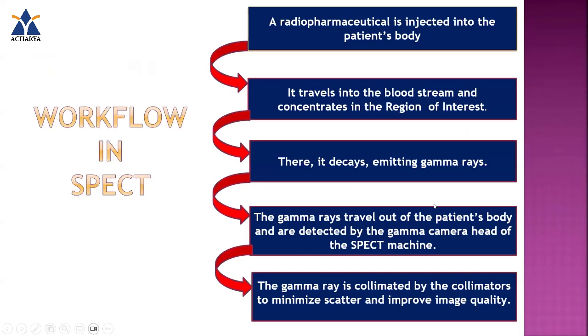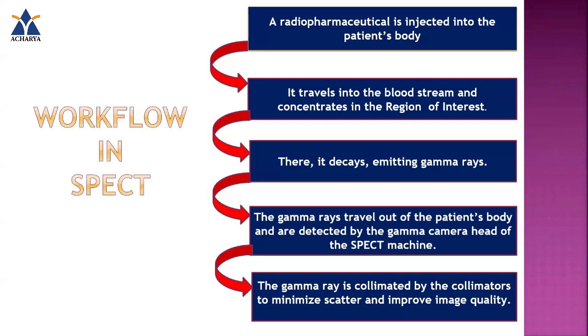A radiopharmaceutical is injected into the body. That is the first step. It travels into the bloodstream and concentrates in the region of interest. Automatically it will decay after some time. When it is decaying, the gamma rays are getting emitted.